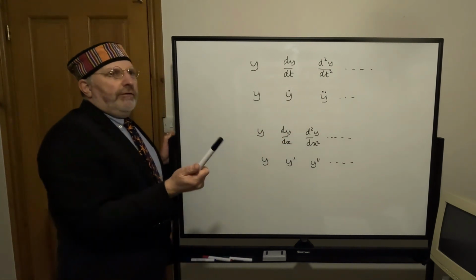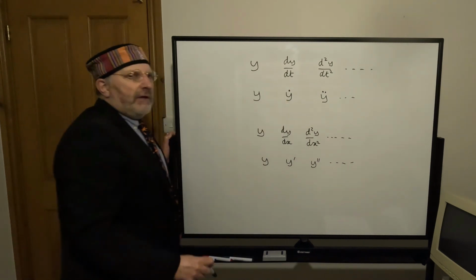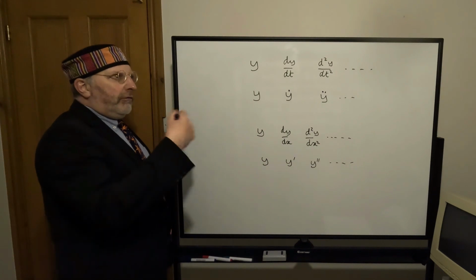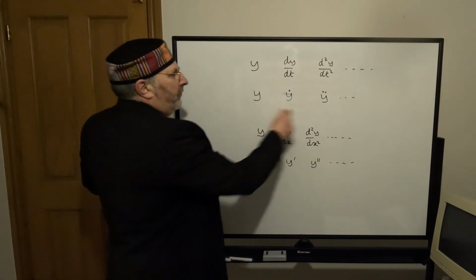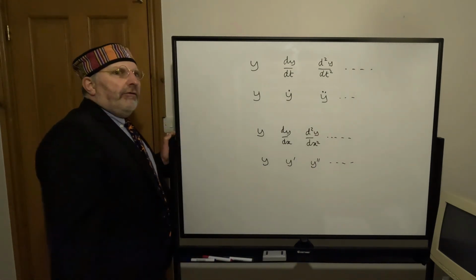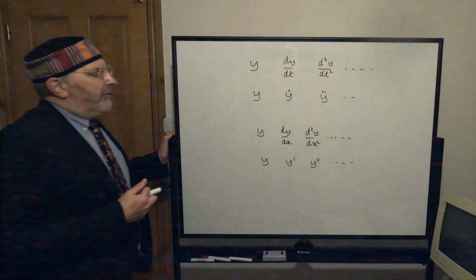Things like the chain rule, for example, really stand out when you use this notation, because they look like fractions and they function like fractions, and we can see how things cancel. But still, Newton's approach is a lot quicker to write, and in certain circumstances we will certainly use that.